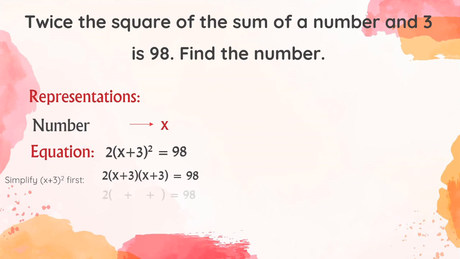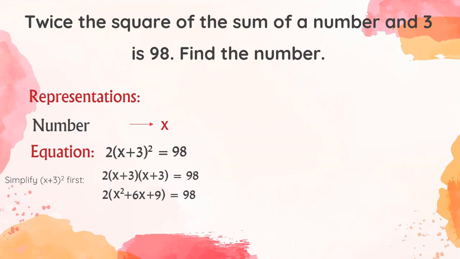Gamitin na natin yung shortcut na pinag-aralan nyo dati. Square the first term, so x squared. Multiply the first and the second term, then double the product. Edi 3x times 2 is 6x. Then square the last term. 3 times 3 is 9. Kaya naging 2 times the quantity x squared plus 6x plus 9 equals 98.